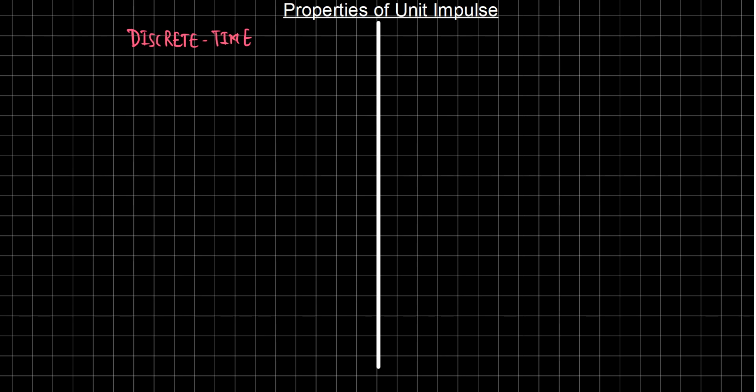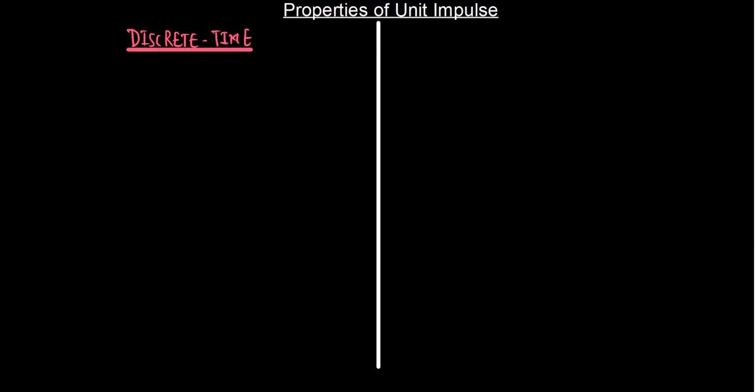For the discrete time case, an interesting property of unit impulse is as follows. The first property that we are going to look at is called the sifting property.